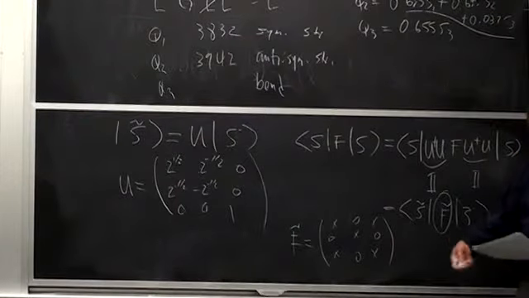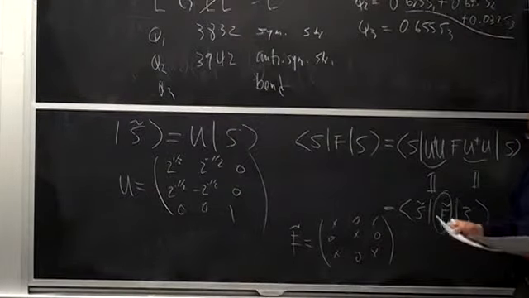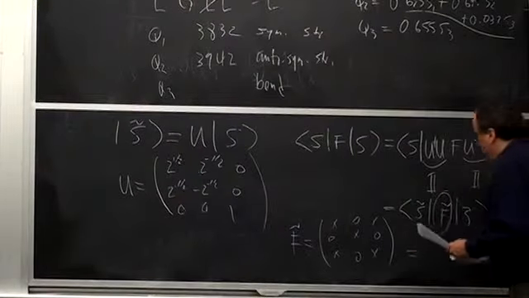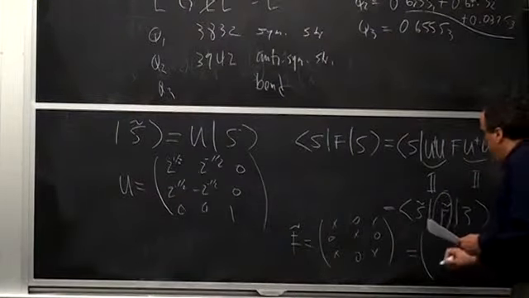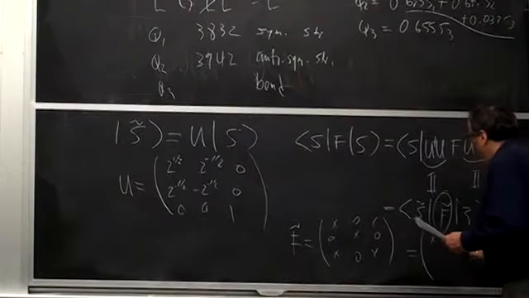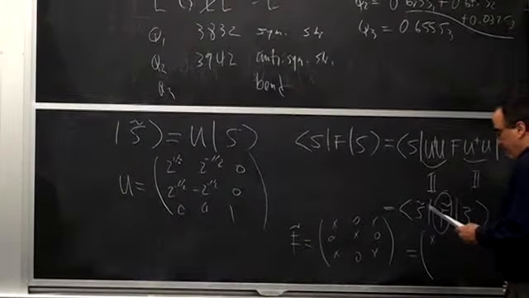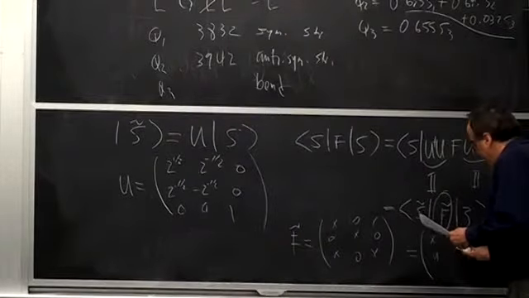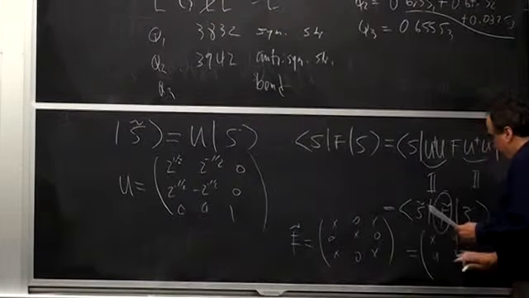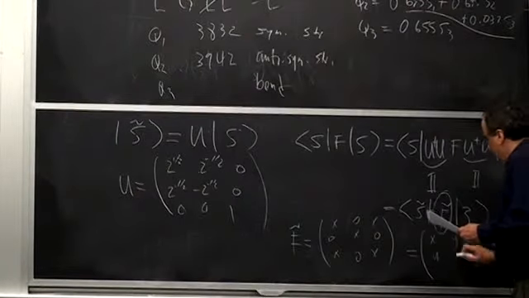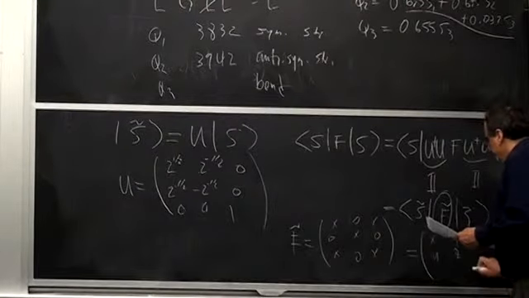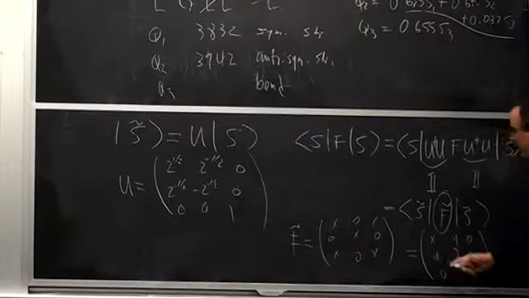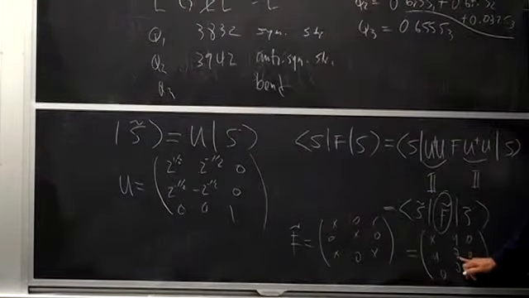And so you simply rearrange rows and columns, and you end up having the force constant matrix with numbers. So it becomes a symmetric matrix.